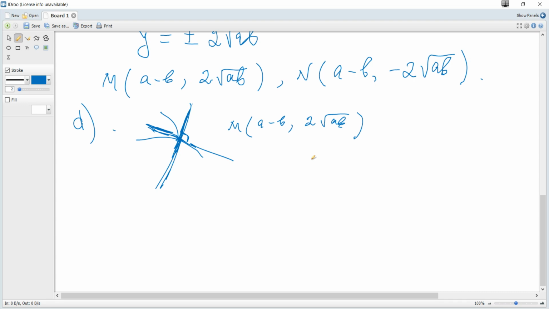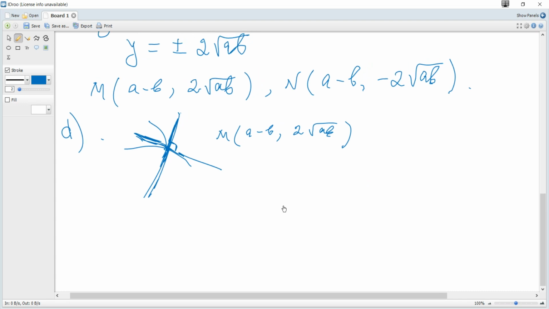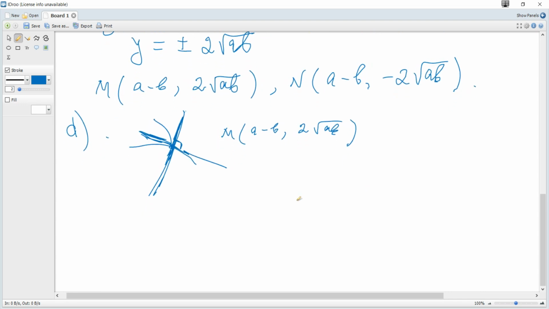If we consider gradients of these tangents, we will be able to show that tangents are perpendicular, and hence curves also are perpendicular. So we need the gradient of a tangent, so we need dy over dx.